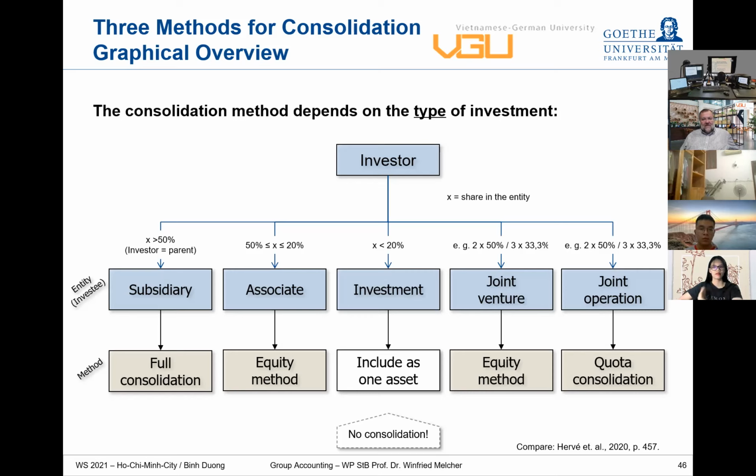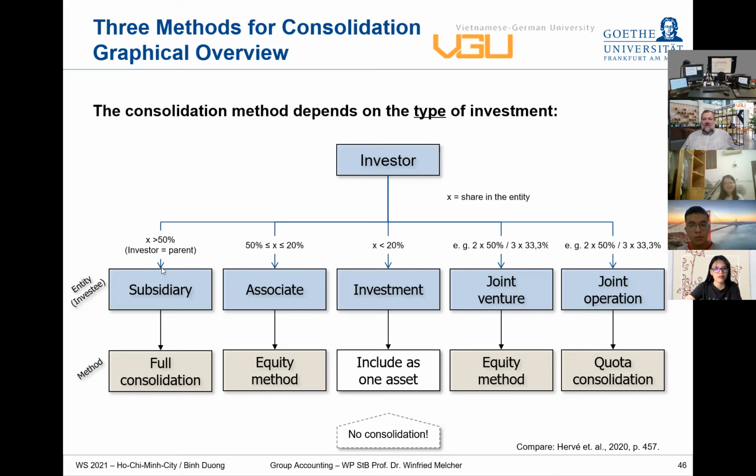And the difference, well, can you think about the difference? What is the difference? If you don't hold 100% of a company, but you put all the assets and liabilities into your group accounts, well, the difference is the non-controlling investors, right? The non-controlling shares, the NCI, non-controlling interests.